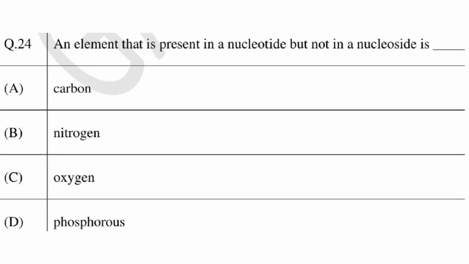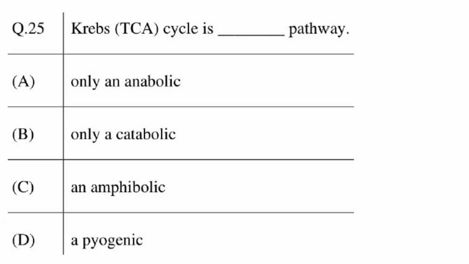Then next one. An element that is present in a nucleotide but not in a nucleoside is phosphorus. Phosphorus is present in nucleotides, whereas in nucleoside it is not present. It is base and sugar only. Then Krebs cycle is a dash pathway. It is amphibolic.